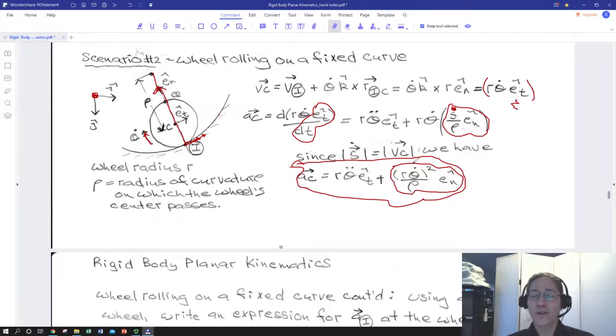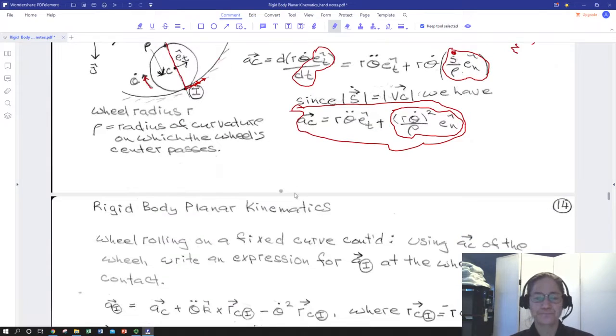So what this other component is doing is basically accounting for the acceleration necessary to keep this center point moving in a curved path. This would be akin to a centripetal acceleration, the acceleration needed to keep this going around rather than just going straight.